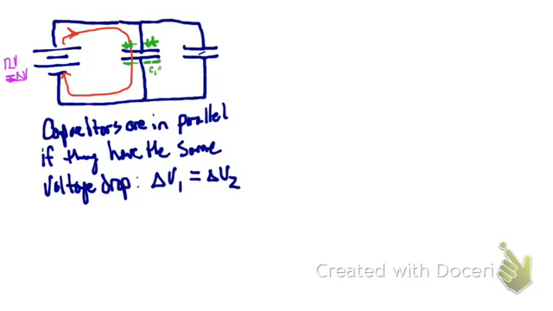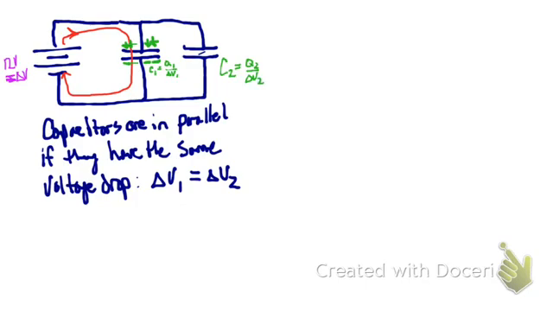C1 is going to equal Q1 over delta V1. And then over here we're going to have the same idea. We're going to have C2 equals Q2 over delta V2 for this loop on the other side.